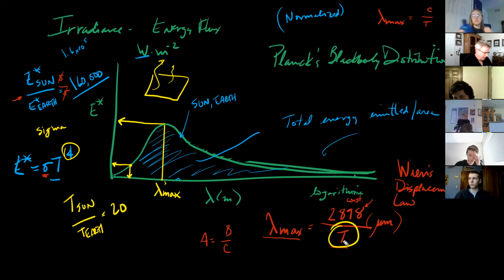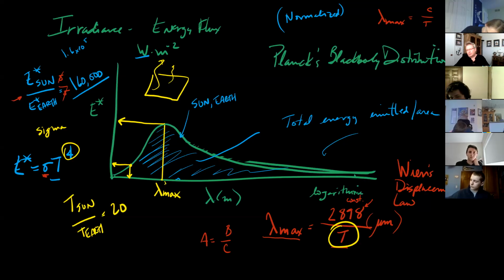No, you're missing the idea. What kind of temperature? The absolute temperature. Absolute temperature is Kelvin. So we want to put that into kelvins.